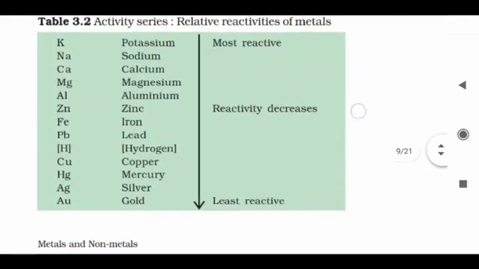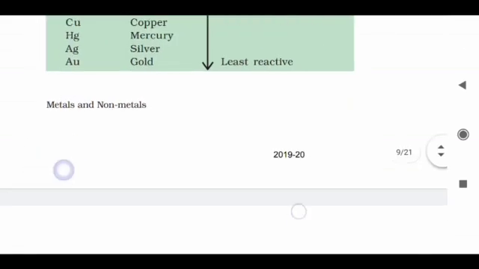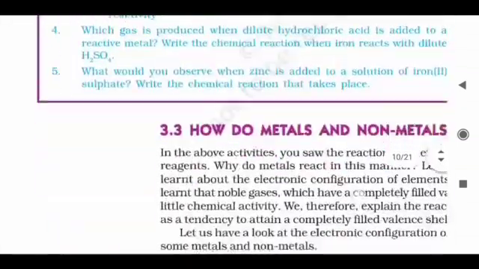Most reactive metal will be on the upper side and the least reactive metal on the lower side, in decreasing order. Potassium, sodium, calcium, magnesium, aluminium, zinc, iron, lead, hydrogen, copper, mercury, silver and gold. This is the reactivity series, which you can see here with the symbols of the elements.